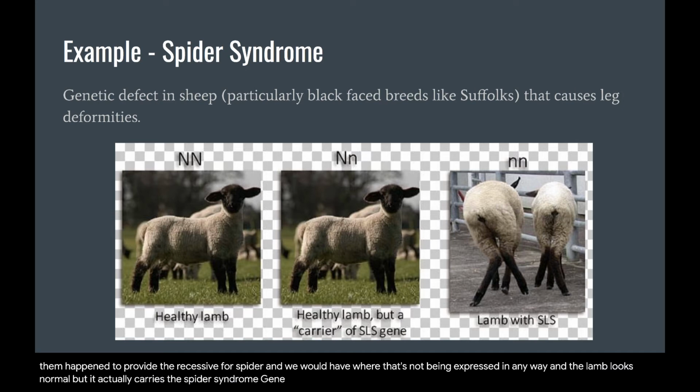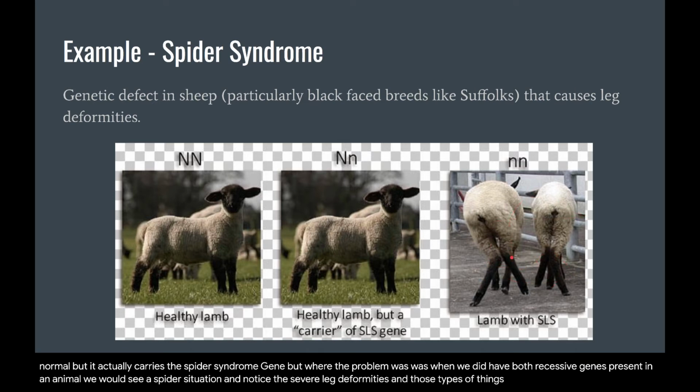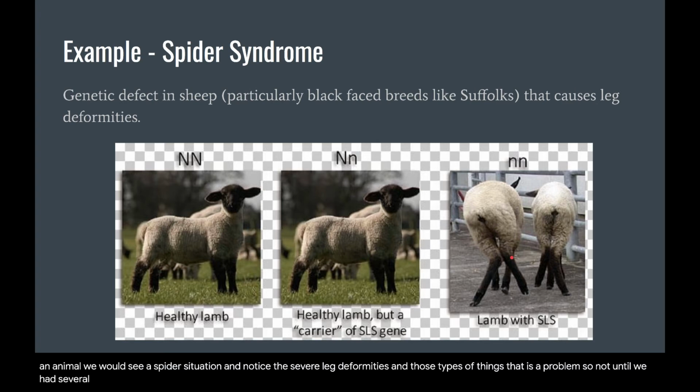But the problem was when we did have both recessive genes present in an animal, we would see a spider situation, and notice the severe leg deformities and those types of things. That is a problem. So not until we had several generations did we realize this was a problem.